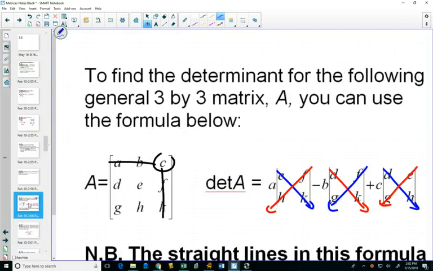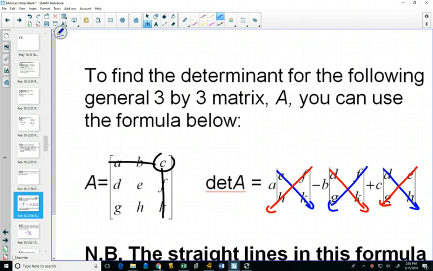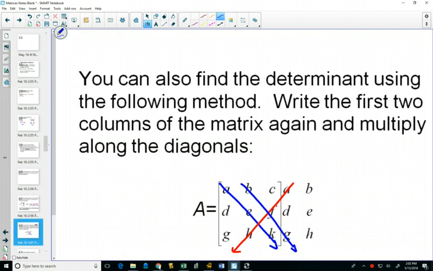Similarly, if we look at the second one, we'll have negative B, but that B multiplies by F and G, so BFG. Isn't there a movie? Big Friendly Giant. It's positive, that's good. And if you do BDK, that matches up with that arrow.